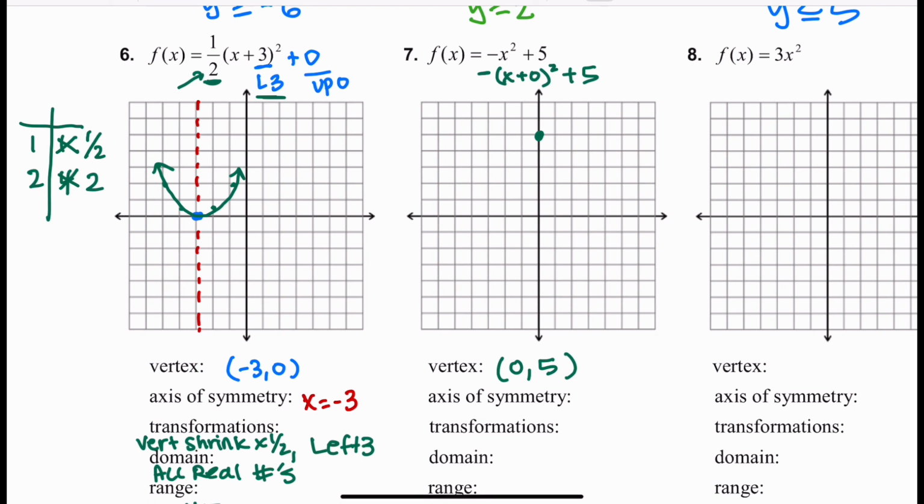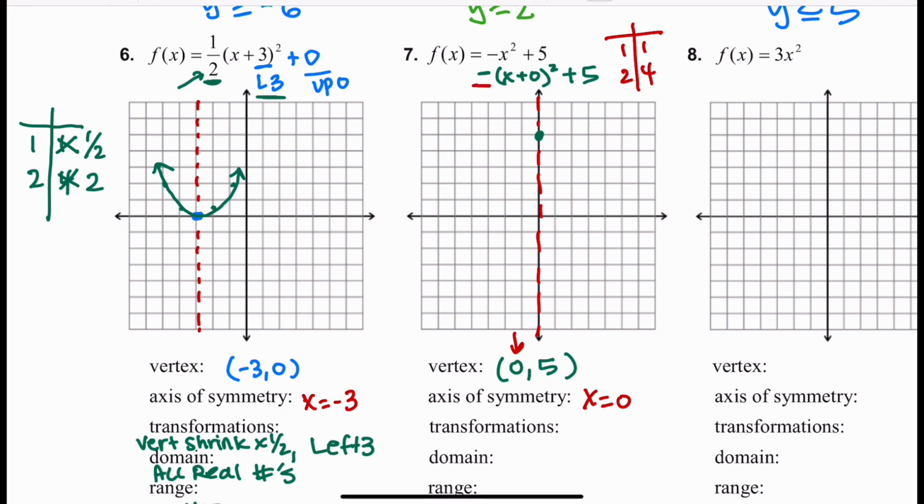Our axis of symmetry is going to be right on top of the vertex. So this is the line x equals 0. And then you get that number from here. Let's finish graphing it. Let's do our 1, 1, 2, 4. All parabolas have this base, but then you multiply by this -1.